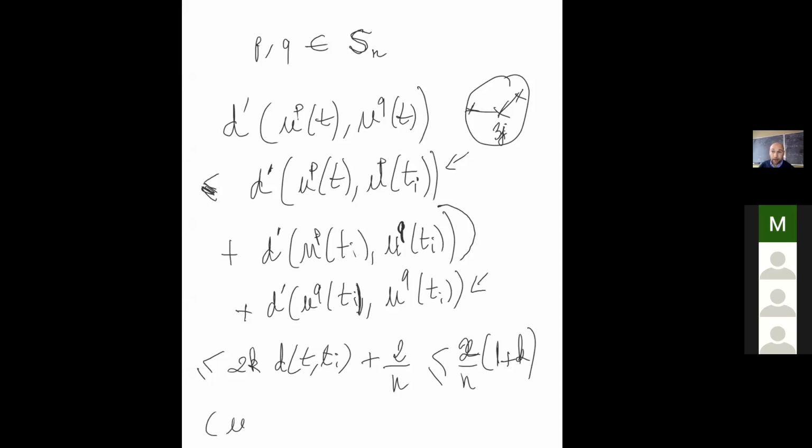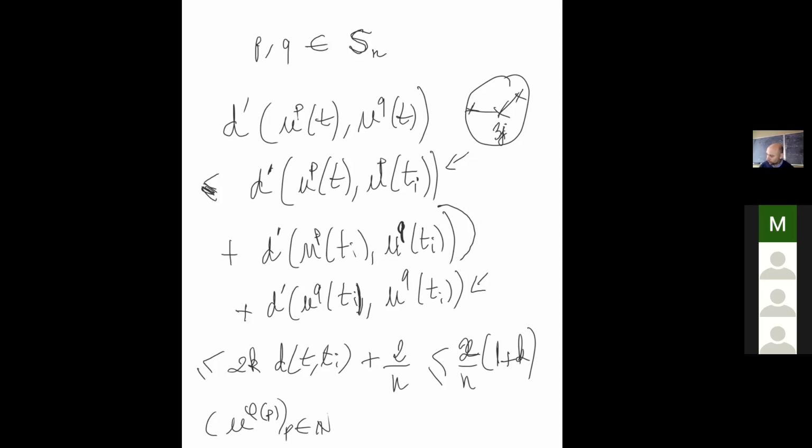I already have defined my subsequence, U phi P for P belonging to N. If I take two different P and Q, by construction, if Q is greater than P, they belong to the same space SP.